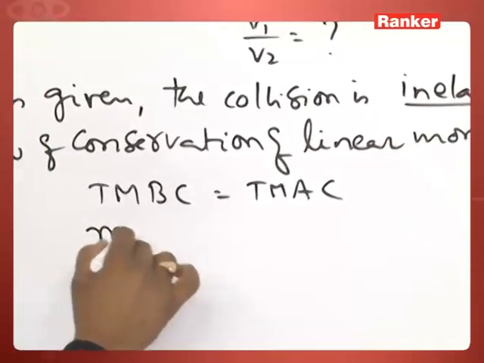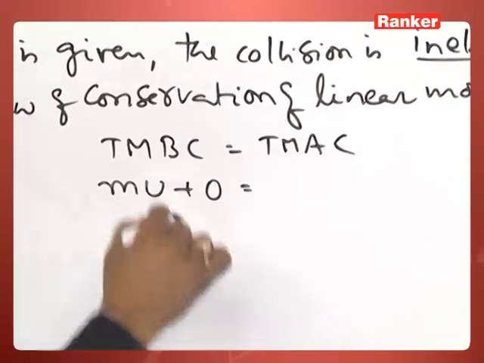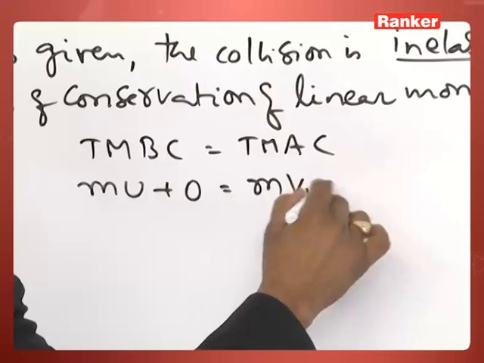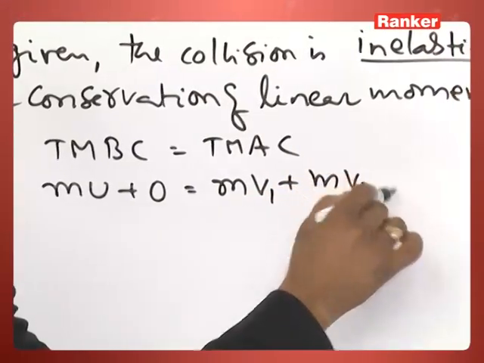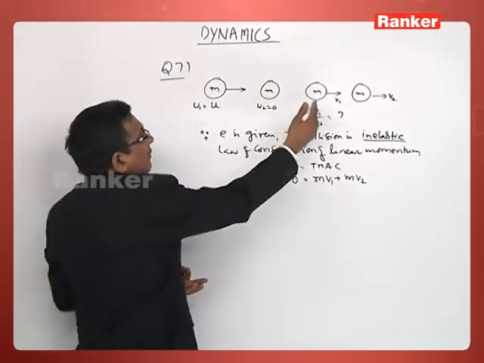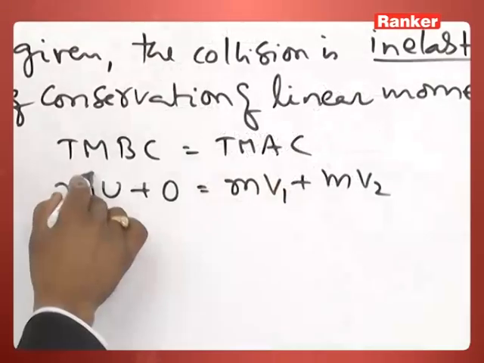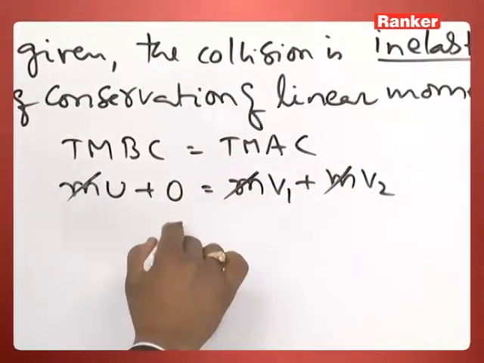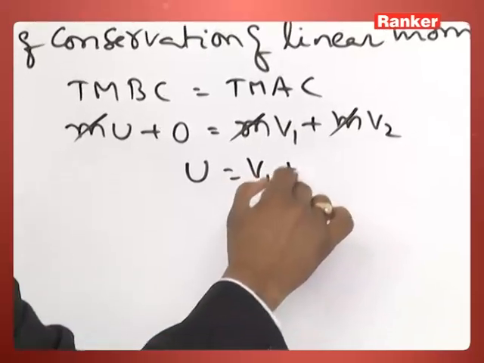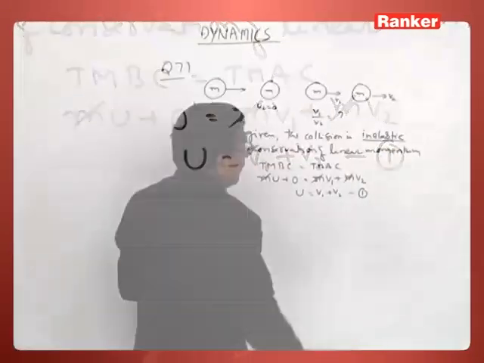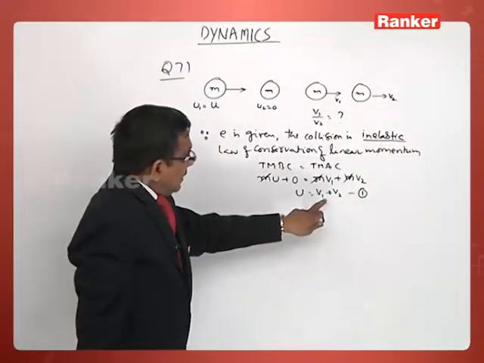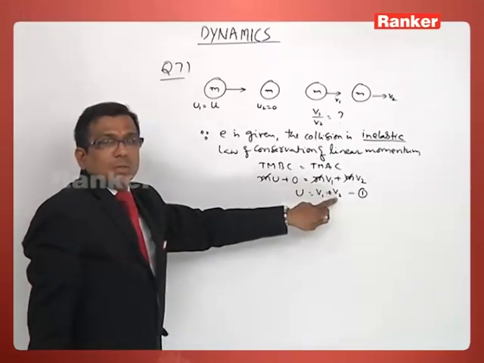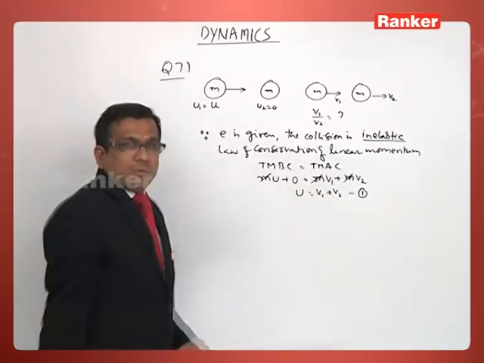Before collision mu plus 0 is equal to, after collision, m v1 plus m v2. As masses are the same, velocities are v1 and v2, and if you simplify, m gets cancelled. So u is equal to v1 plus v2 you are getting. Equation 1. In this v1 you want, v2 you want. So to solve, one more equation is required.